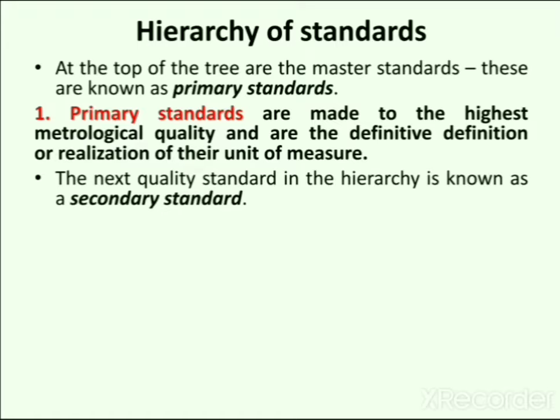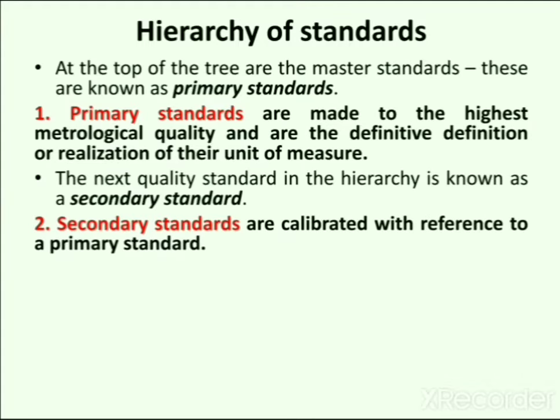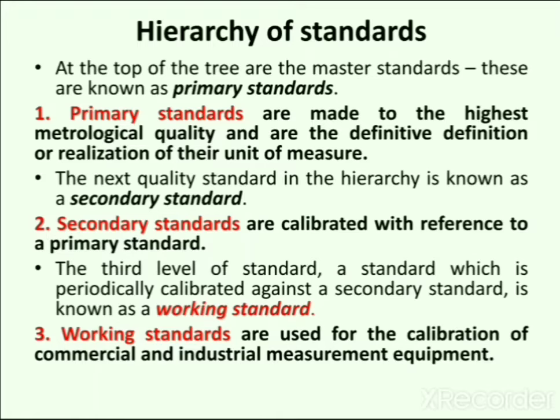Next, secondary standards are calibrated with the help of reference to a primary standard. The third, working standards, are used for calibration purposes. Generally, calibration of commercial and industrial equipment is done by using working standards.